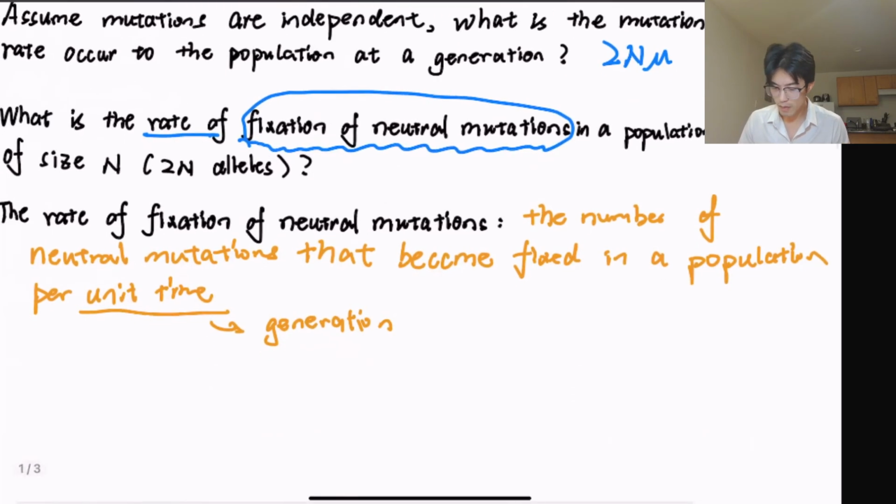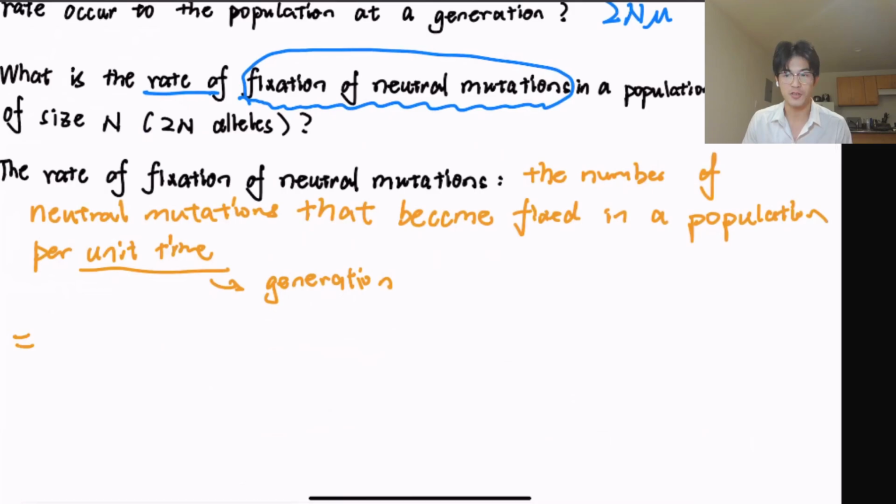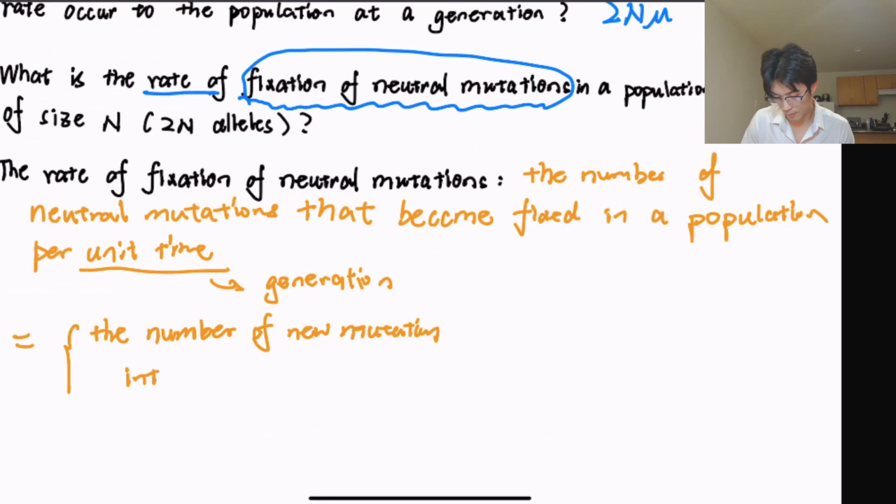Since the mutations are independent, we actually just need to calculate the number of new mutations introduced per generation, times the probability of each new mutation being fixed.